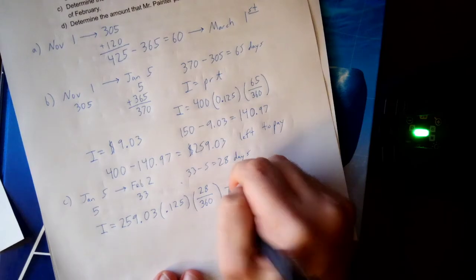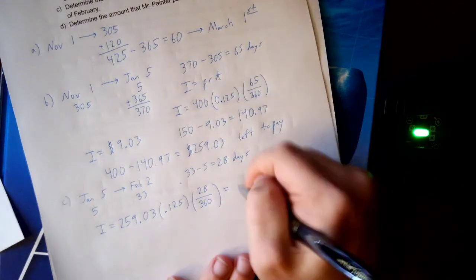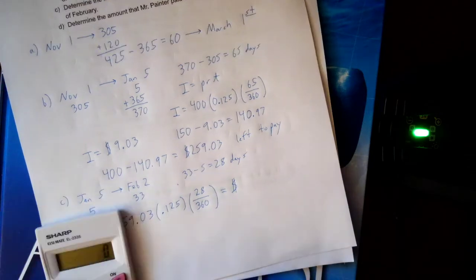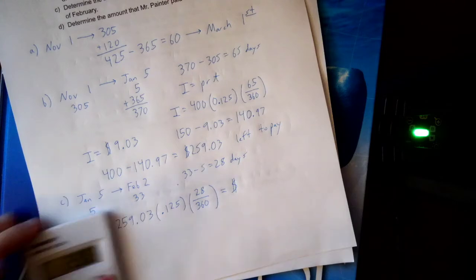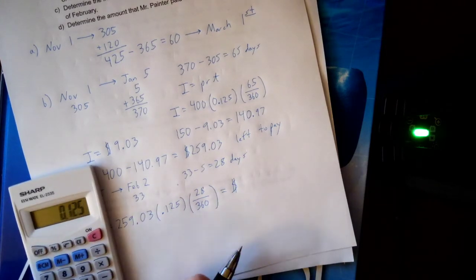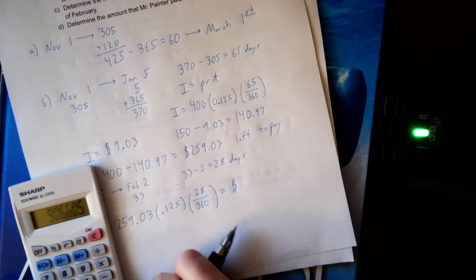So I can calculate my new interest. My new interest from January 5th to February 2nd will be equal to this. So we have 259.03, how much principal I have left to pay, times 0.125, times 28, divided by 360.